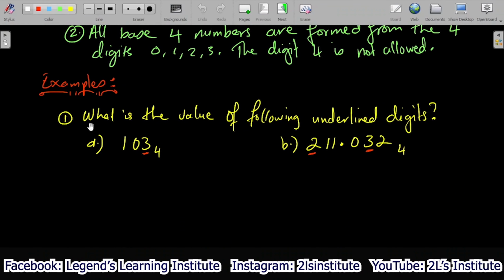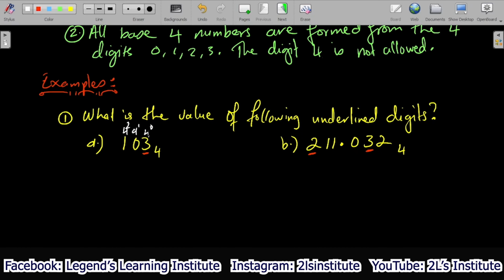Number 1: what is the value of the following underlined digit? For A, we have 103 base 4. We do not say 103 base ten, but we say 103 base 4. The first thing we want to do is to identify the place values: 4 to the power of 0, 4 to the power of 1, and 4 squared.